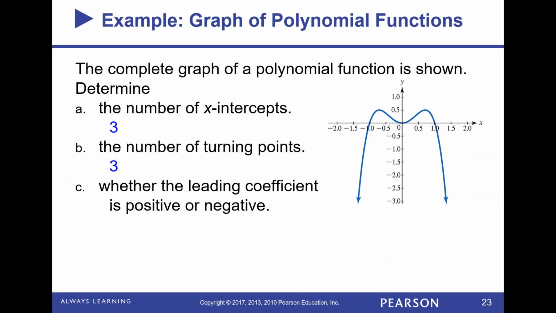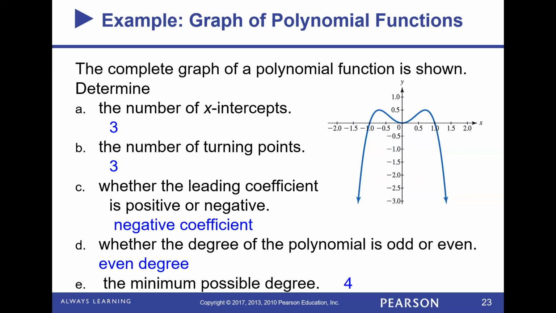Now, how do I determine that this has a minimum degree of 4? I'm already going to tell you the answer is 4, but I want you to understand how I'm getting that. The first thing I said as I was working through these, and it may have gone over your head quickly, is that it was even.